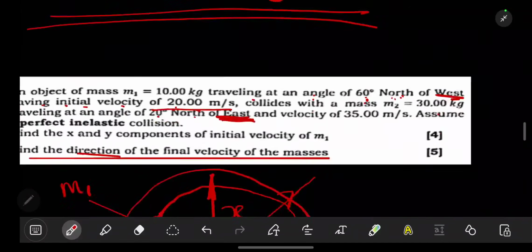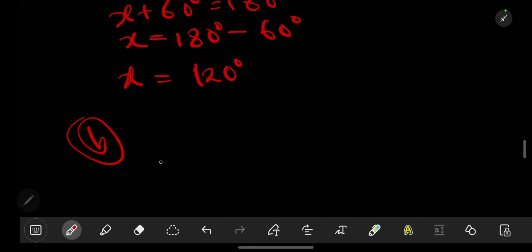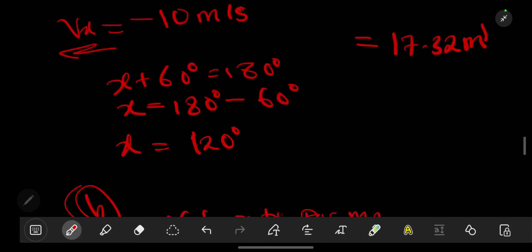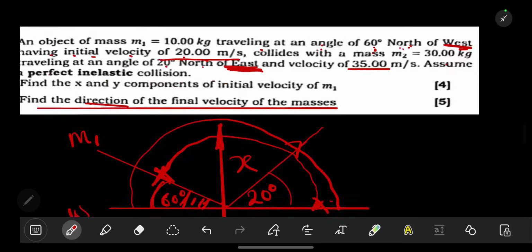So we are going to say, first let us find the velocity for M2. So M2 will have V2x should be equal to V2 cos of theta. So this one was moving at a speed of 35 meters per second.